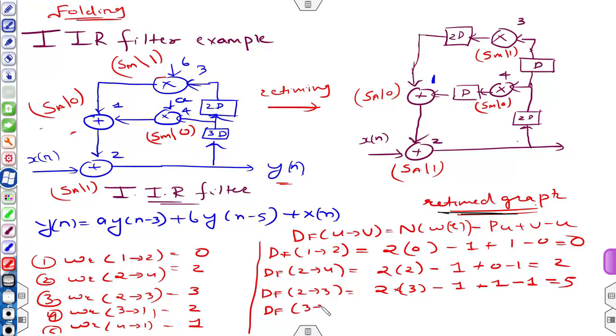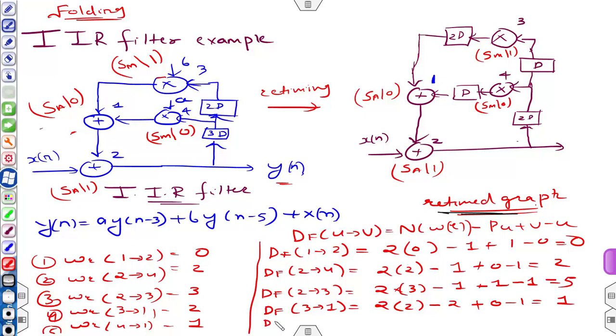DF 3 to 1 is 2. A delay element is in between 2. Node 3 is a multiplier, so P will be 2 and 0 minus 1. So this is 1.